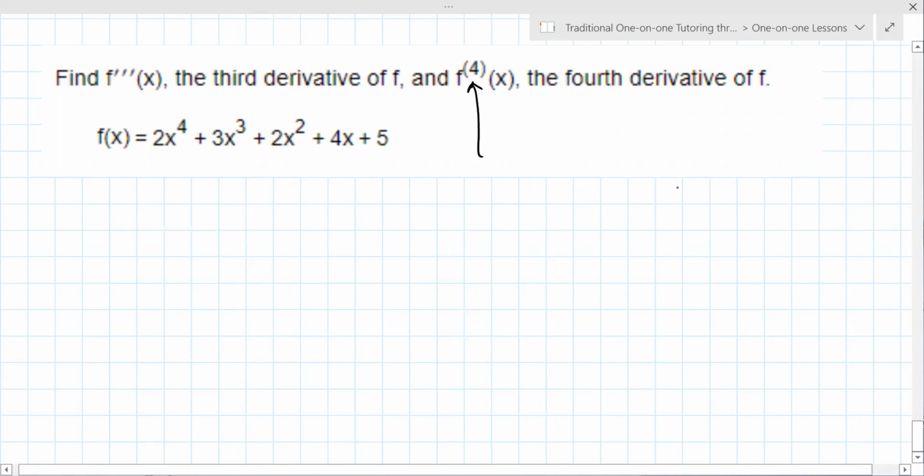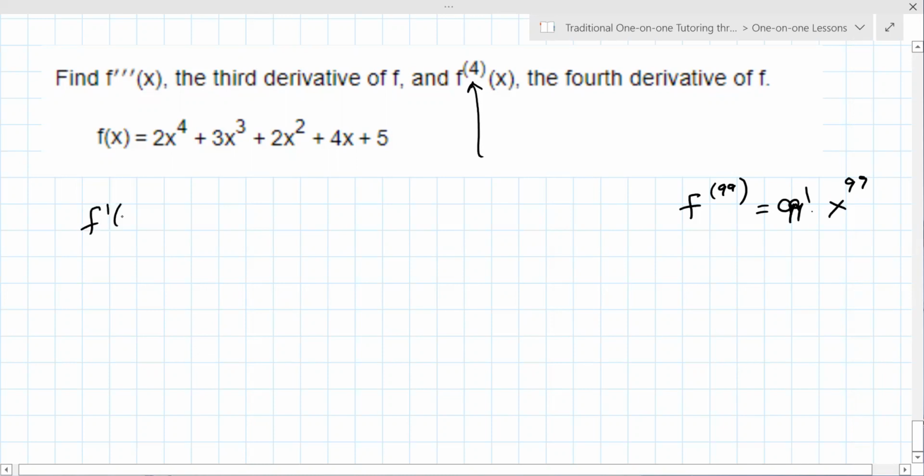Sometimes instructors feel like they're clever and ask, what's the 99th derivative of something like 99 factorial x to the 99? Students are supposed to figure out the pattern, and that's why that notation is there.